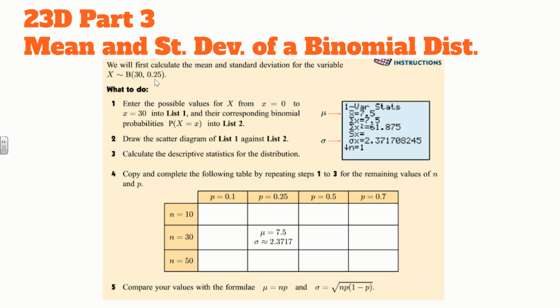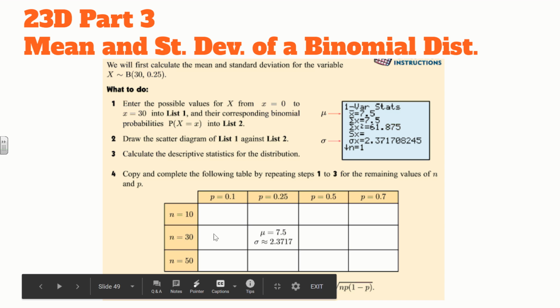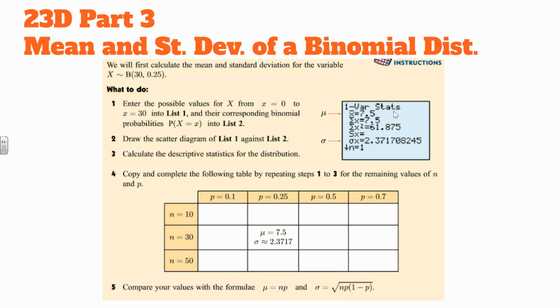But in this case, I'm just going to have you think about what would happen if the p were to change from 0.1 to 0.25 to 0.5 to 0.7, and if the n were to change from 10 to 30 to 50, how would that affect the mean and the standard deviation? We know we can get the mean and standard deviation doing one var stats. That's something that we saw way back in chapter 20.